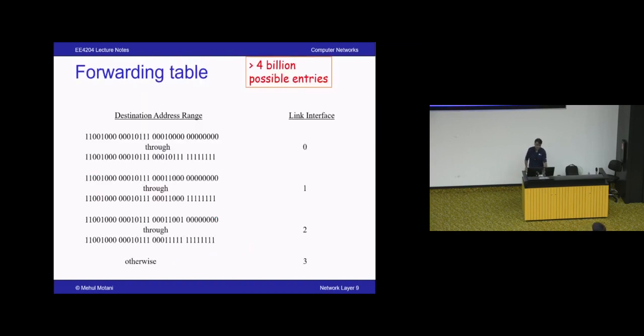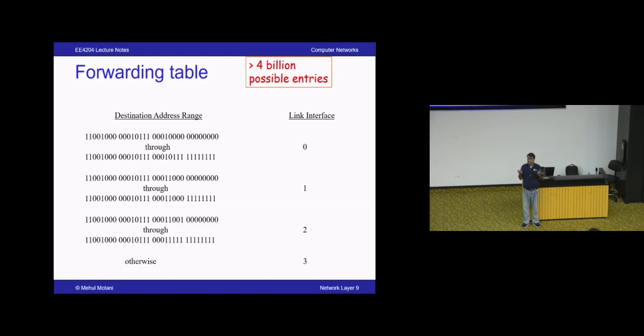So here's an example of a forwarding table in a real router. The addressing scheme used at the network layer is the IP address, and IP addresses are 32 bits. So I told you that the forwarding table contains all possible destinations.